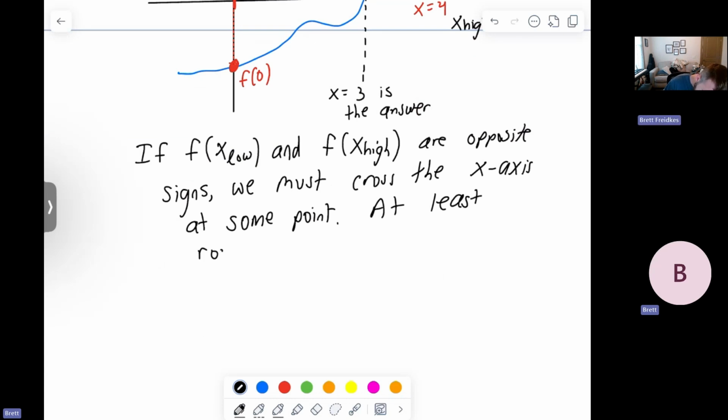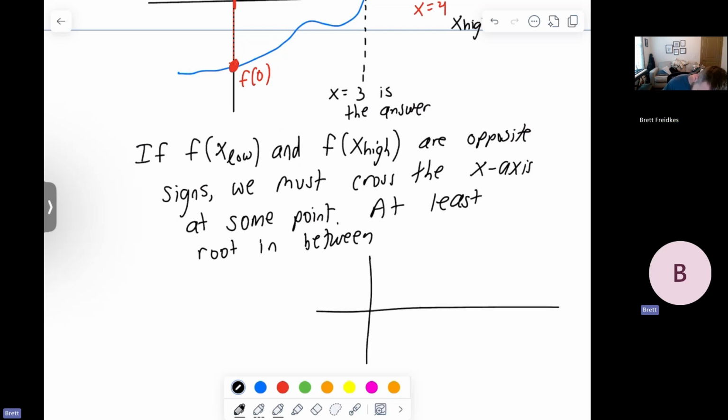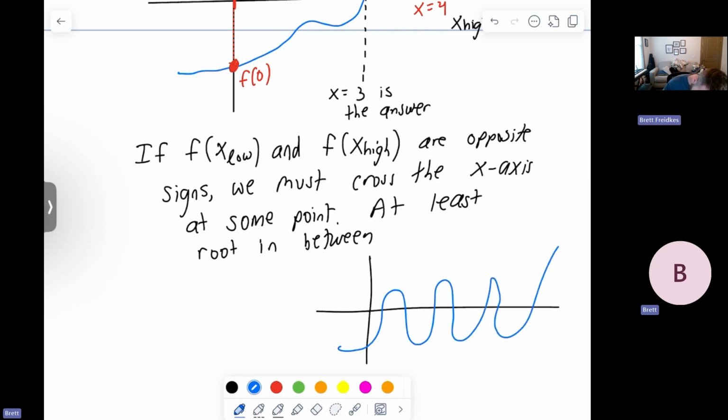And the reason I say at least is because let's say my function looked like this, and I picked f of x low, which was negative, f of x high was positive. In this case, I have a bunch of roots. I don't know how many there are, but I do know that there's at least one.